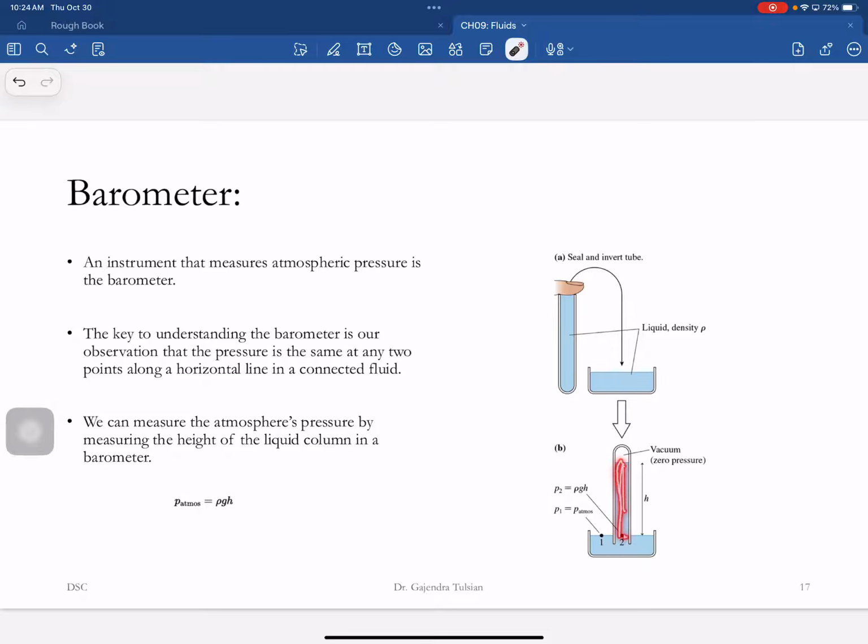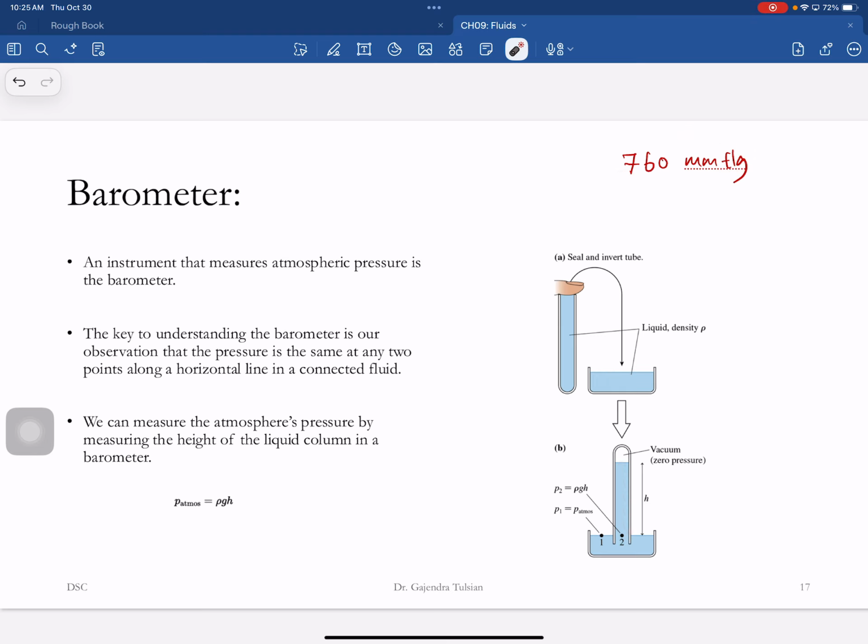This will be just about the perfect vacuum you want. And the height of this column is 760 millimeters of mercury, if mercury is what you use. And that's where that atmospheric pressure comes.